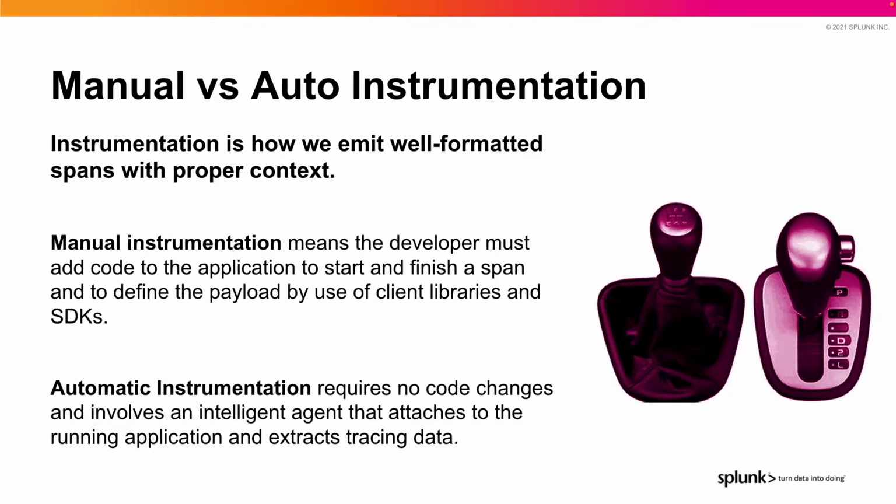While manual instrumentation may help in better understanding what our applications are doing, what is concerning is what we forget and do not see. With automatic instrumentation, this requires no code changes at all. With auto instrumentation, we leverage an intelligent agent that attaches to the running application and extracts the tracing data for a quick way to begin gathering metrics.